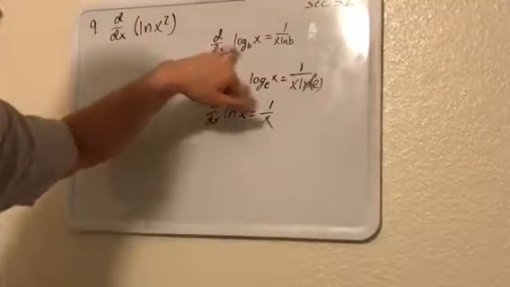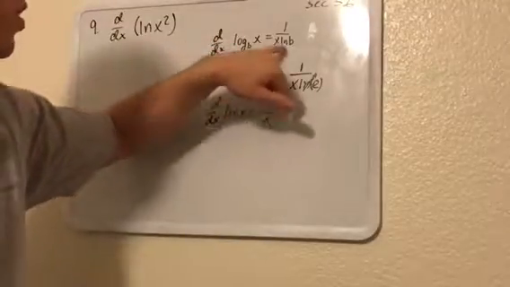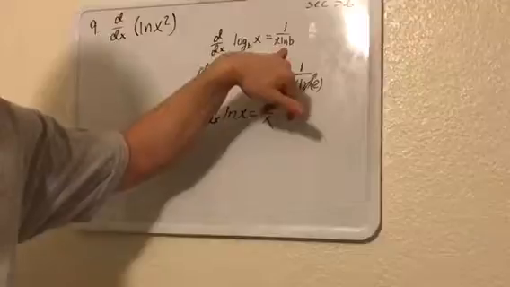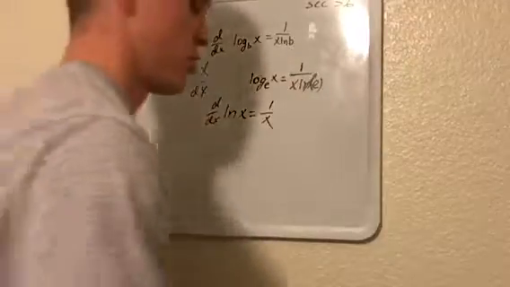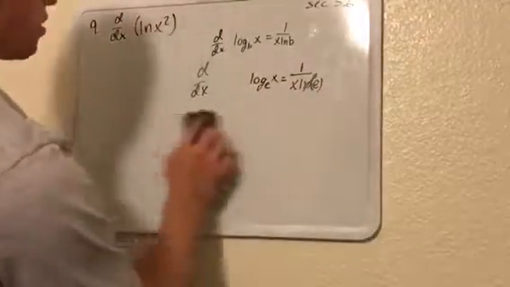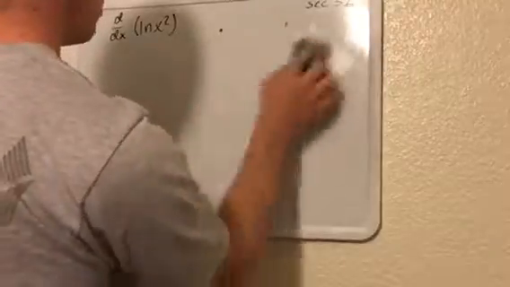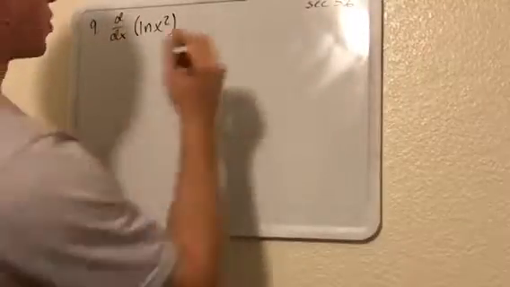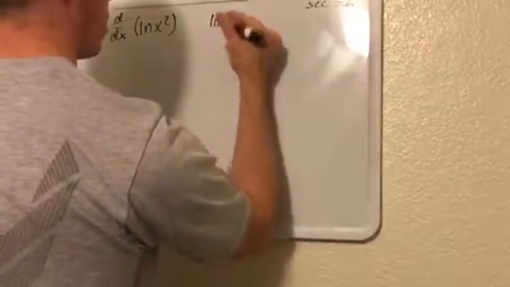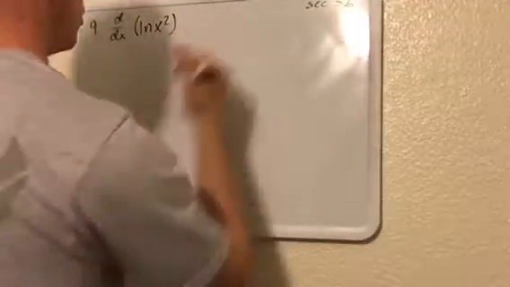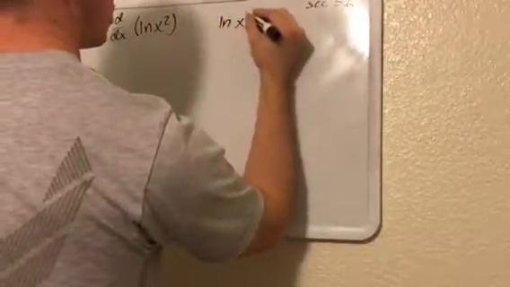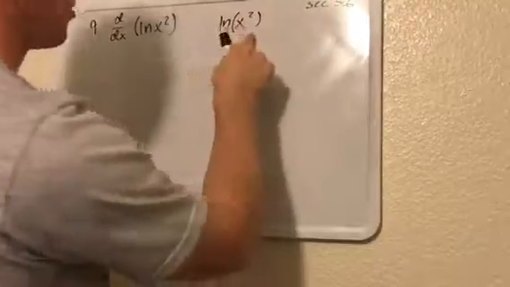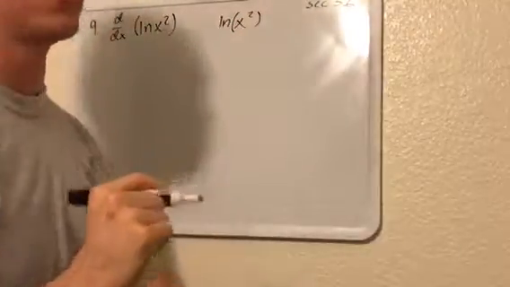So whenever you have a base other than e, you're going to have to know this right here is what that's equal to. Now, sometimes what's inside of the parentheses for your logarithm, so say you have the natural log of x squared, such as this problem, this value inside the parentheses does not equal x.